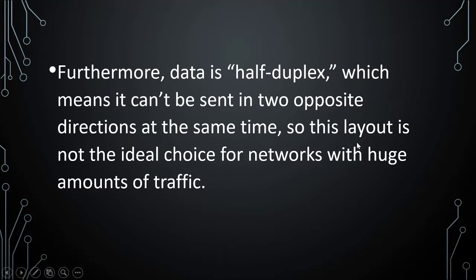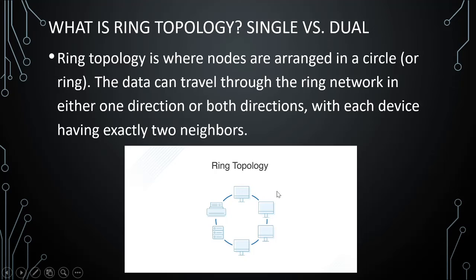Before one can receive, the other must transmit. Then after transmission, when one stops, the next one transmits. Okay, that is for half duplex.